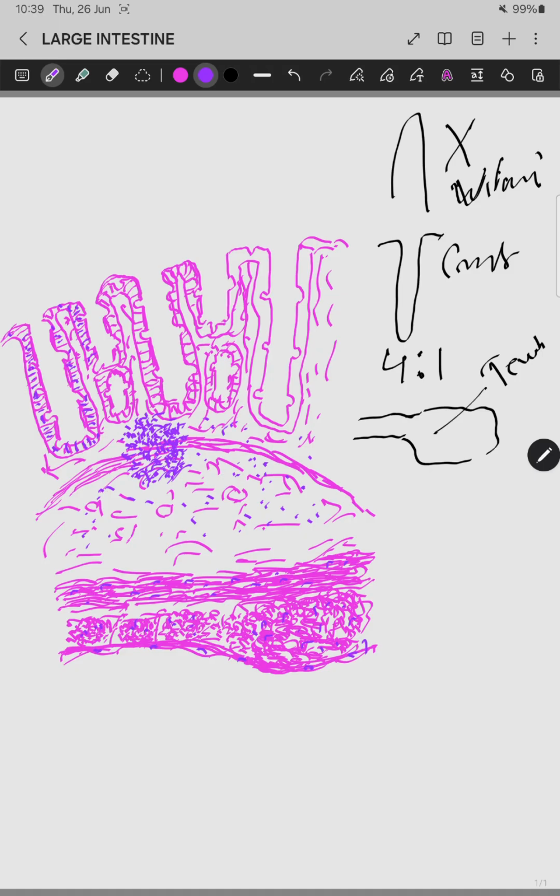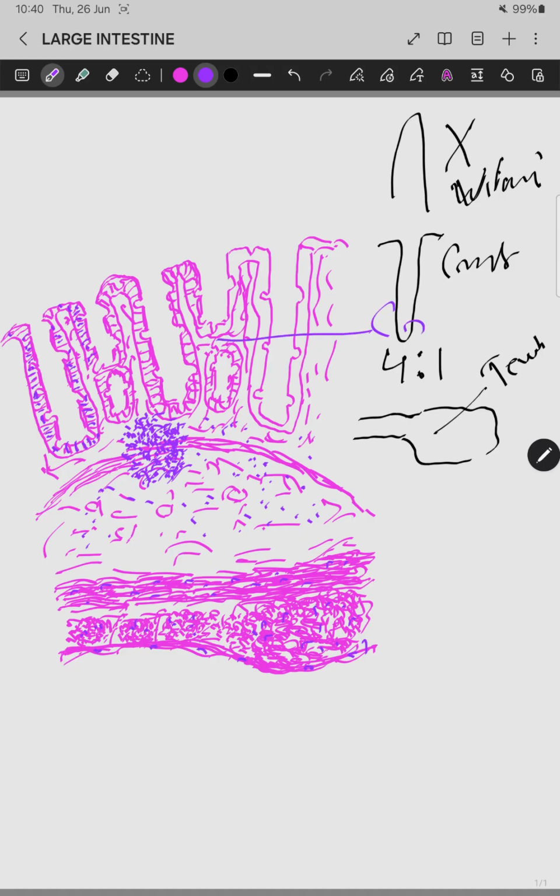And in the submucosa also we can see the usual things we can see in other part of the intestine. And coming to the muscularis externa, circular layer having no particular feature, that is an ordinary circular layer, and the longitudinal layer is having periodic thickening, that is called tinea coli. So you have to indicate a part of the muscularis externa, the longitudinal layer, as a thickened part for the tinea coli.